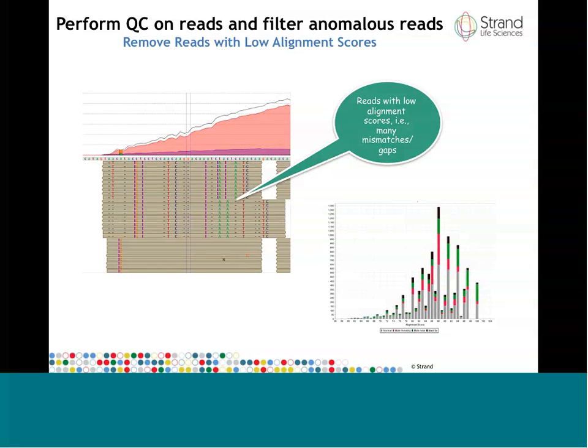In your picture here, you see a collection of reads that map to a particular location in the genome, and these are snapshots from our genome browser. In fact, all of the screenshots that you see in this presentation are taken directly from Avadis NGS. In this picture, all of these reads are mapping to this location in the genome, but with a lot of mismatches and gaps.